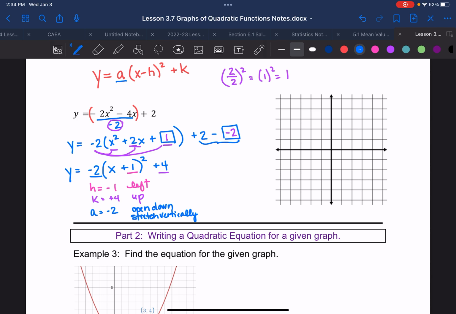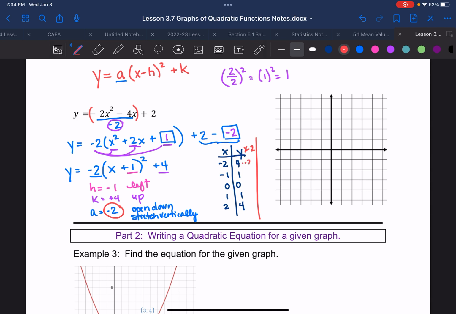Now, if we remember those directions I gave you from the parent graph yesterday, we have -2 squares to 4, -1 squares to 1, 0 squares to 0, 1 squares to 1, and 2 squares to 4. What we're going to see here, because I have a stretch, I'm going to have to multiply that whole column by -2.